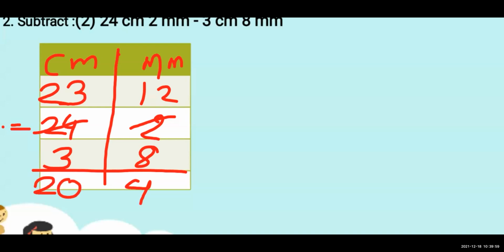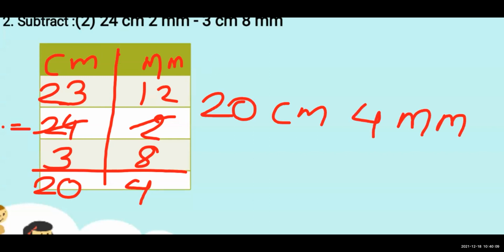So what is our main answer? Our main answer is 20 centimeter 4 millimeter. See, it's very easy sums. Okay. Chalo. Now write it down fast, everyone, in your notebook.